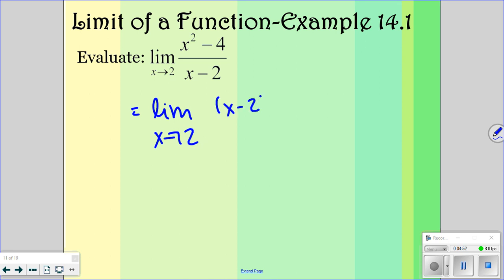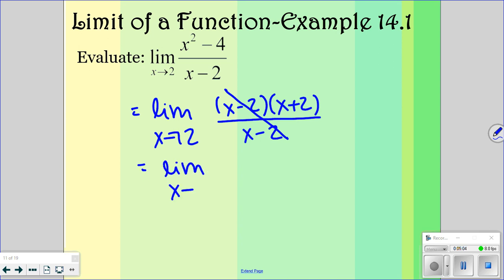So (x - 2)(x + 2) over (x - 2). So those x - 2's cancel, and we're left with the limit as x approaches 2 of x + 2. And so now you can plug in 2, and so 2 + 2 is 4, and so that is the value of that limit. And that's all you have to do with limits.